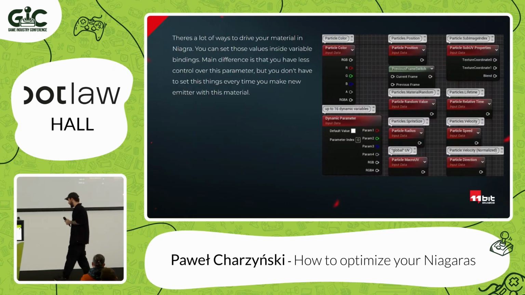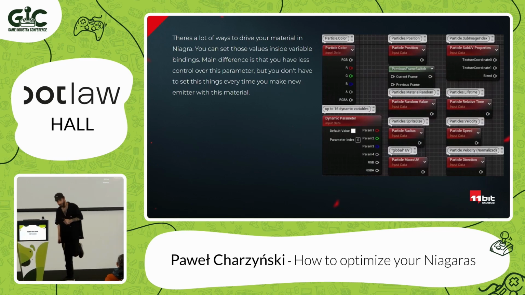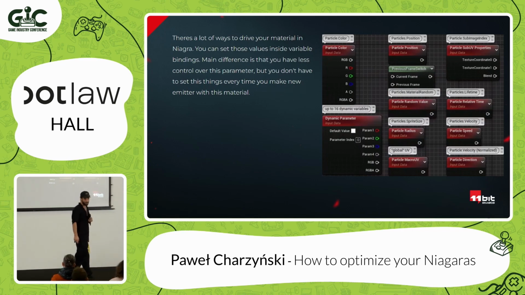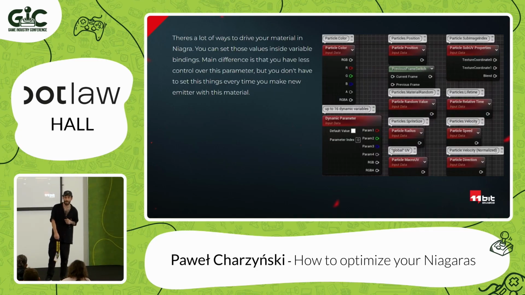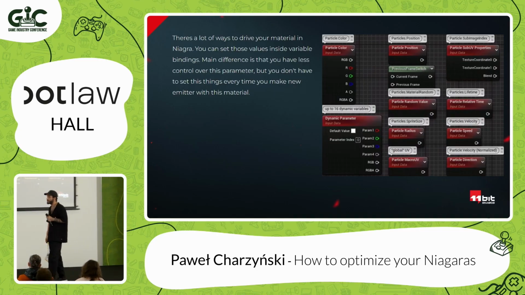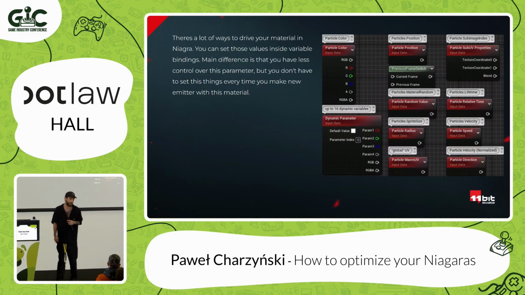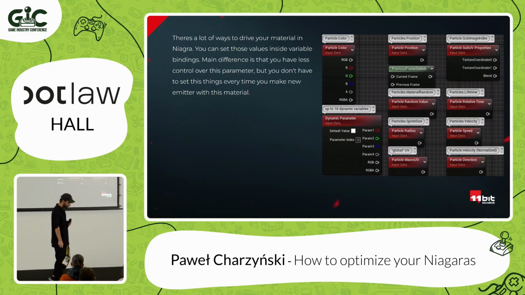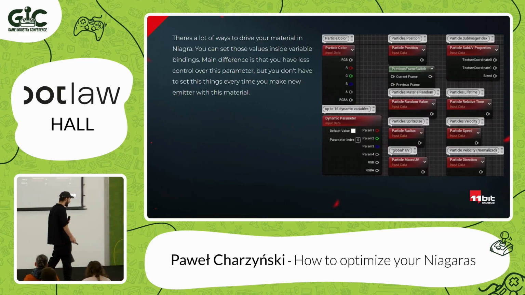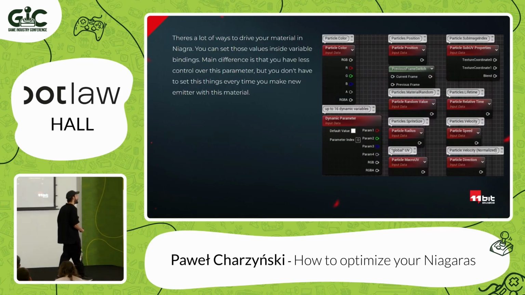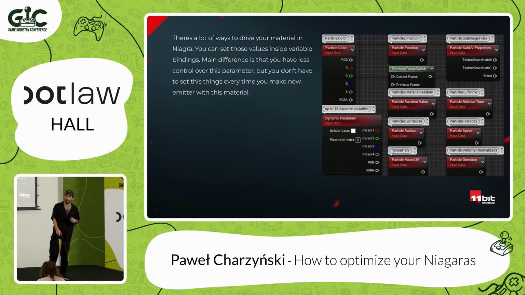And inside the materials, we have a lot of different nodes that you can use inside the materials, inside the Niagaras as well, but you can modify them, as you can see. There's a dynamic parameter, for example. I used it for mapping the vertices of the mesh.